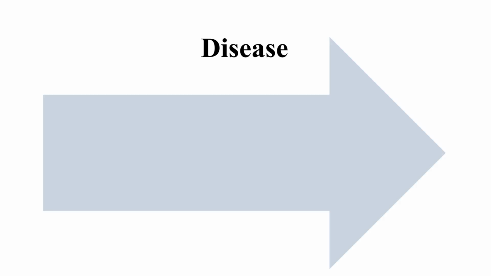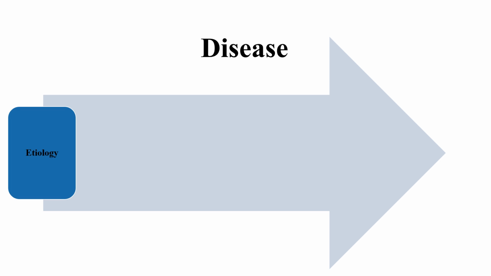So whenever you are studying a disease in pathology, pathology being the study of disease, any disease will be studied under these headings. The first is etiology, which is the cause of the disease. Second, you will know the pathogenesis of the disease, that is, the sequence of events of the disease.